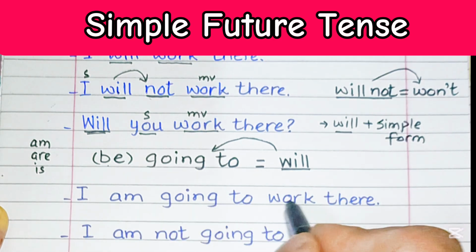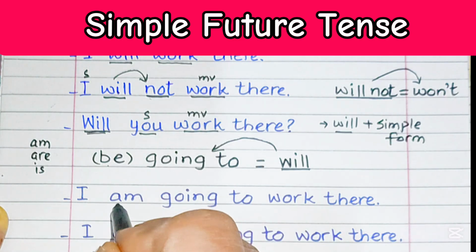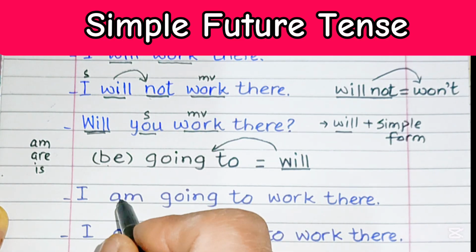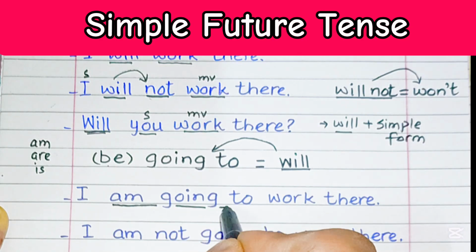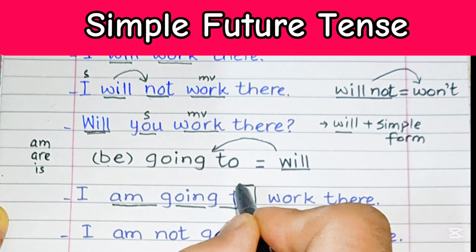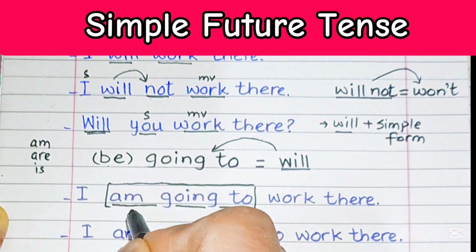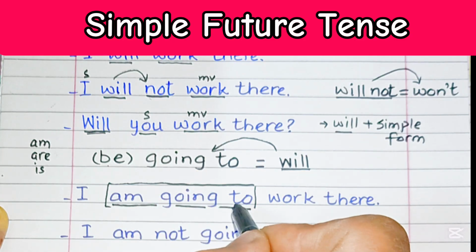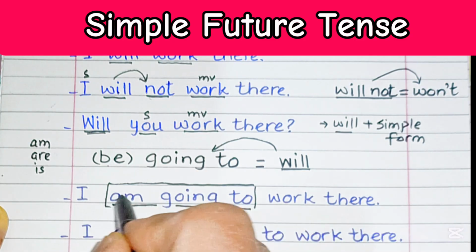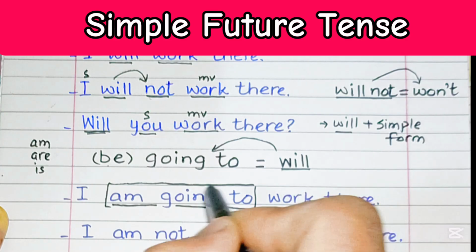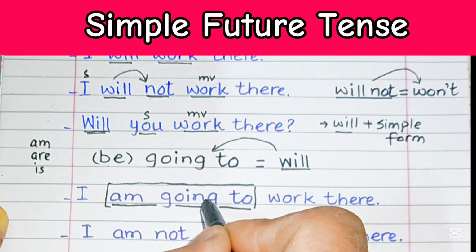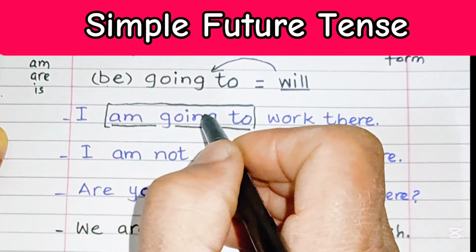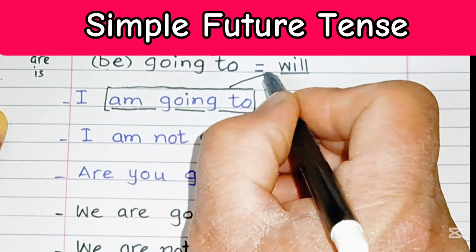I am going to work there. So in this sentence, this particular portion, am going to, these three words, am going to, are about the same as the word will.